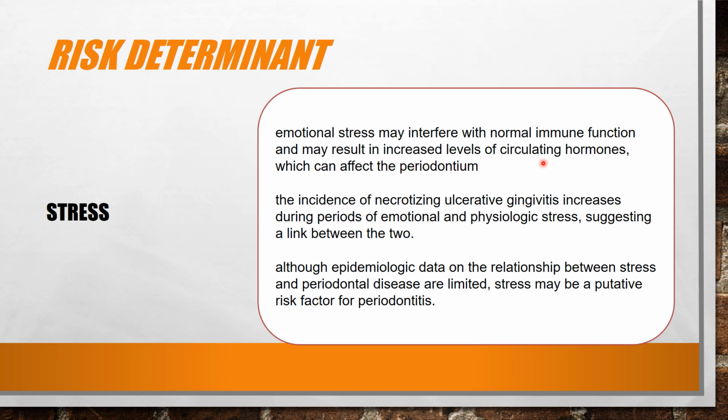So there is an increased amount of circulating hormones which can affect the periodontium. For example, acute infections like ANUG increase during periods of emotional and physiological stress, suggesting there is a link between the two. Although epidemiological data on the relationship between stress and periodontal disease are limited, it can be a putative risk factor for periodontitis.